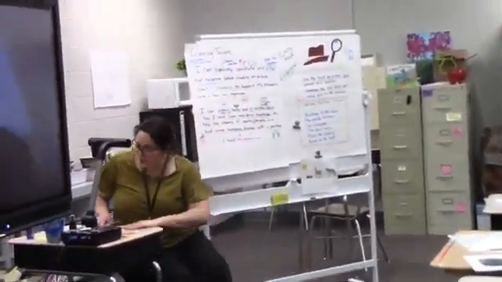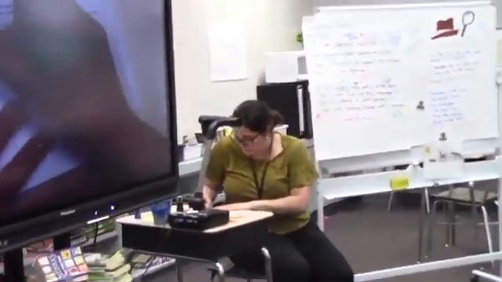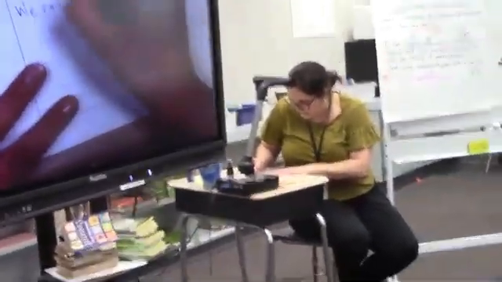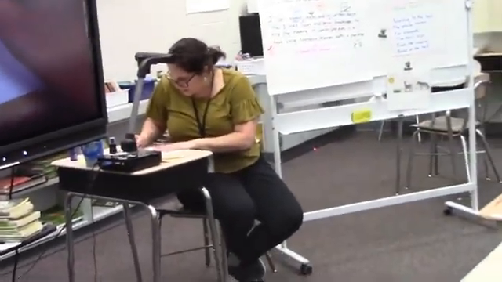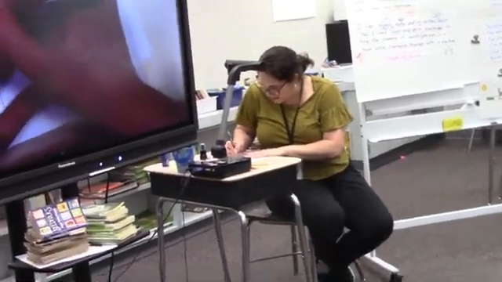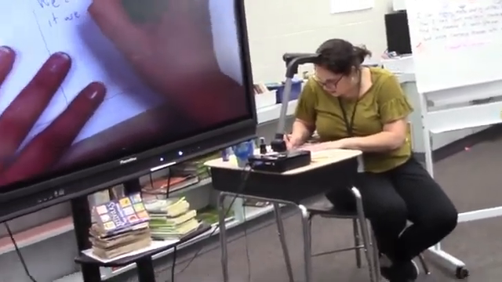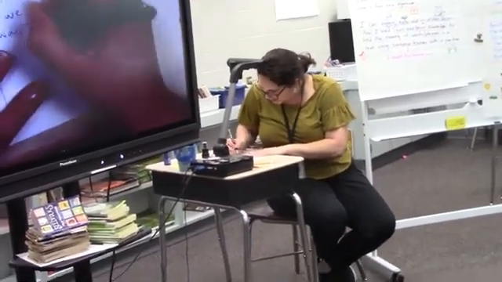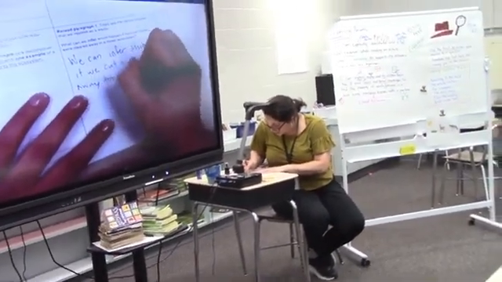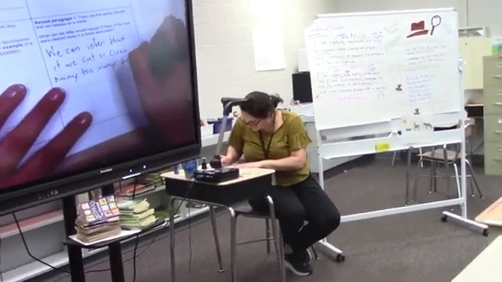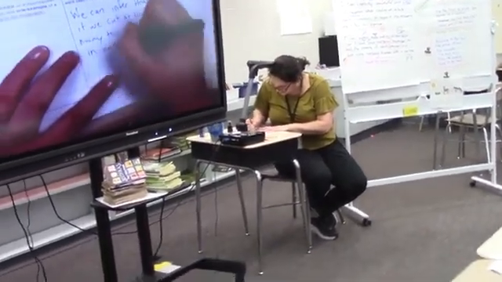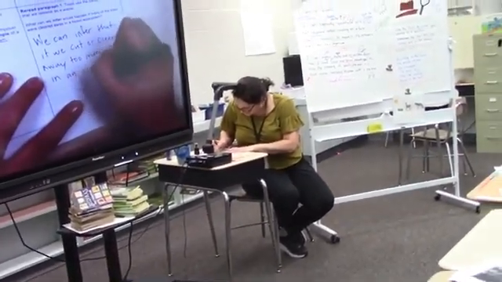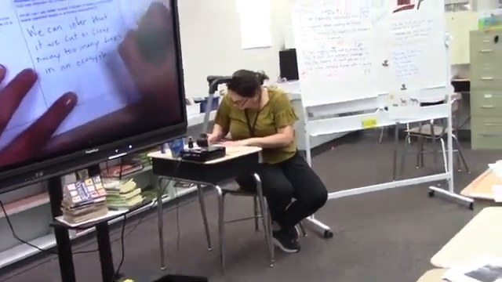So right here, what can we infer? What can we write? We can infer that if we cut or clear away too many trees in an ecosystem, we will have what?